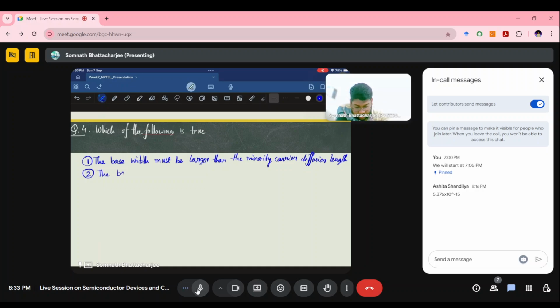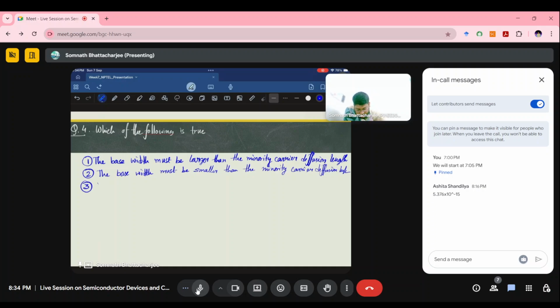Two, the base width must be smaller than the minority carrier diffusion length.